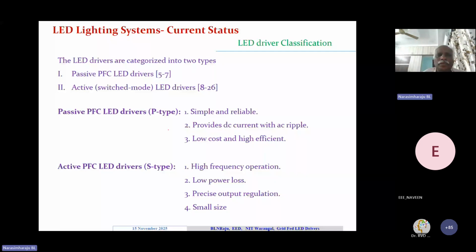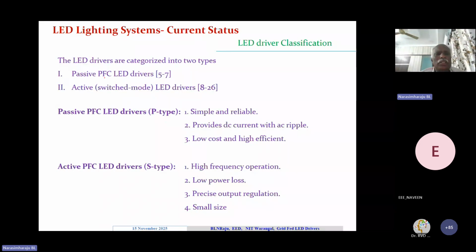As per the driver configurations, depending on the type of circuit components we use, we can understand from the literature also.